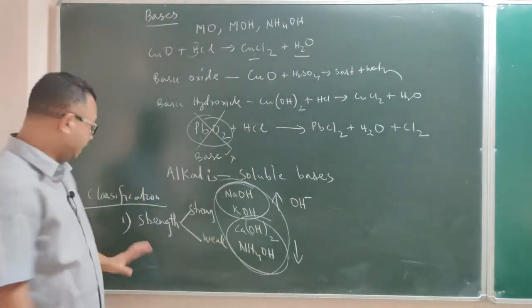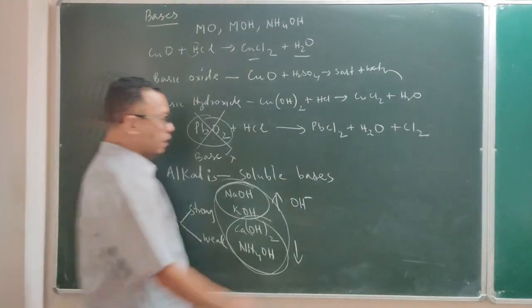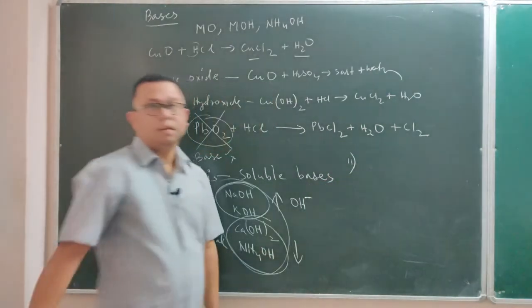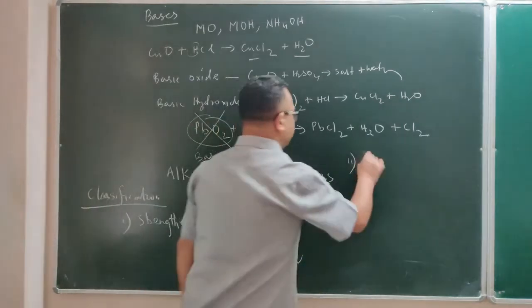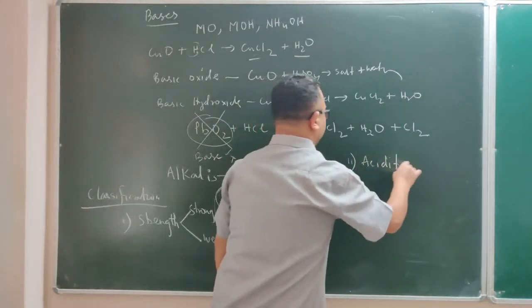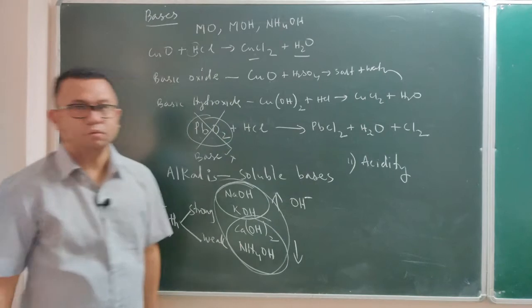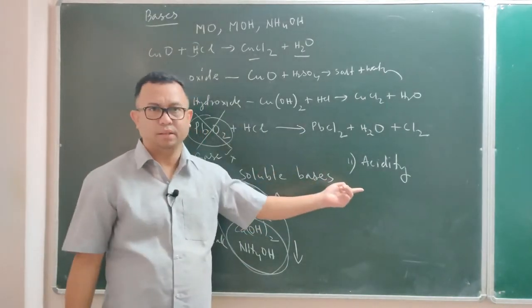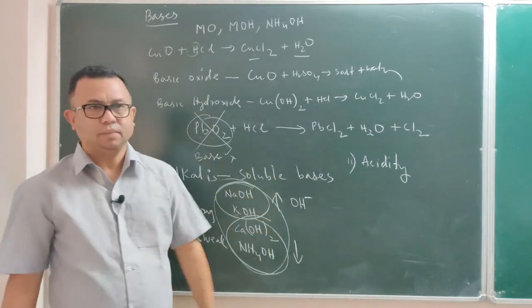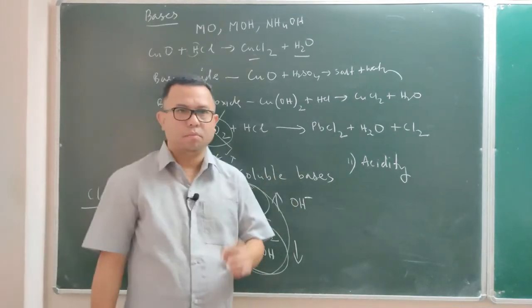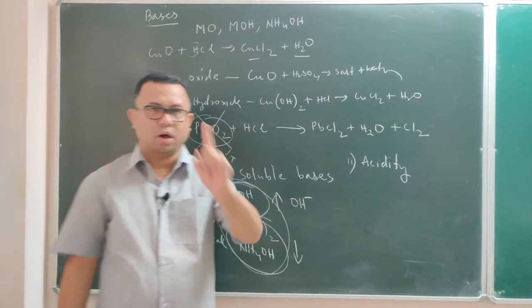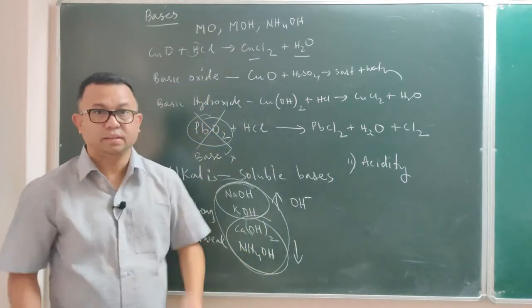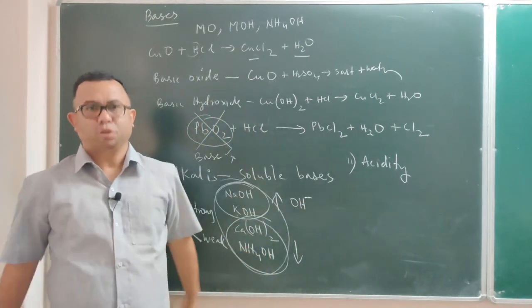Then the second classification: the first one is strength and the second one is in terms of acidity. If you remember, in acid we had basicity, and now in base we will say acidity of a base. What is the meaning of acidity? Acidity is the total number of hydroxyl ions produced when one molecule of the base dissociates.